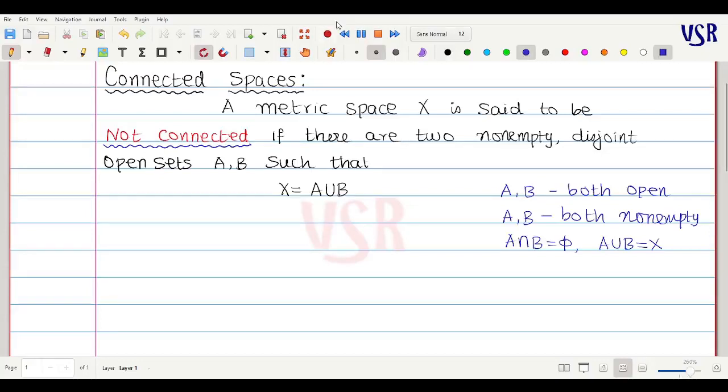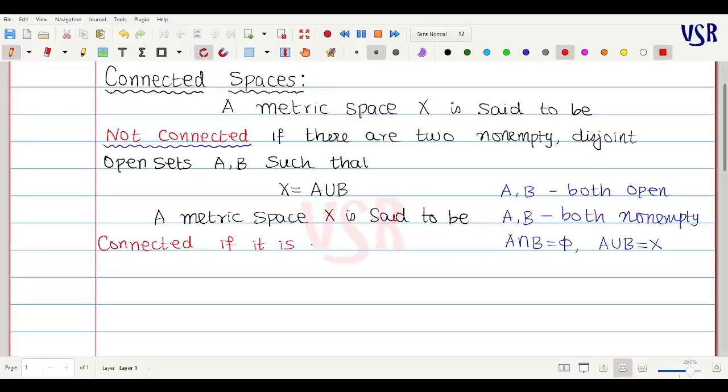Okay, then next, a metric space capital X is said to be connected if it is not disconnected. Instead of saying not connected, I give it another name, said to be disconnected.